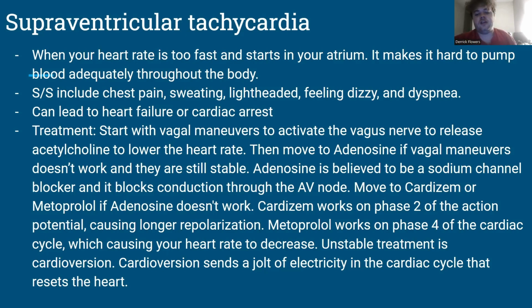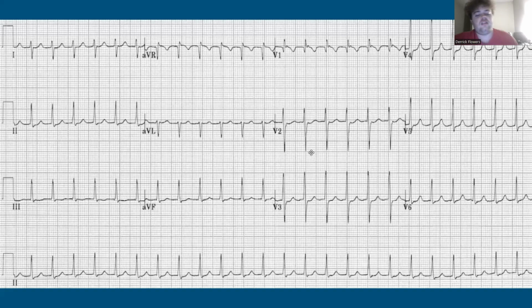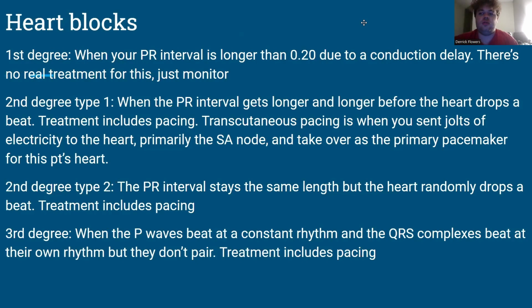Cardioversion delivers a jolt of electricity in the cardiac cycle that resets the heart, right? It interrupts that rhythm. This is SVT. You've got narrow QRSs, no P waves, and the heart rate is fast. That's SVT. Now, moving on to heart blocks. You have first degree, second degree type 1, second degree type 2, and third degree.